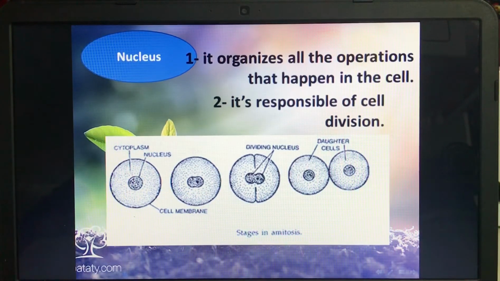And at the end of process here, the nucleus is divided into two nuclei and the cytoplasm and plasma membrane also. So we started with one cell, and at the end of process of cell division we have two cells. So the nucleus started the division, so it's responsible for the cell division.